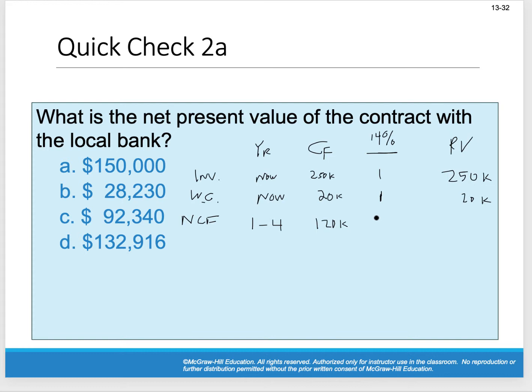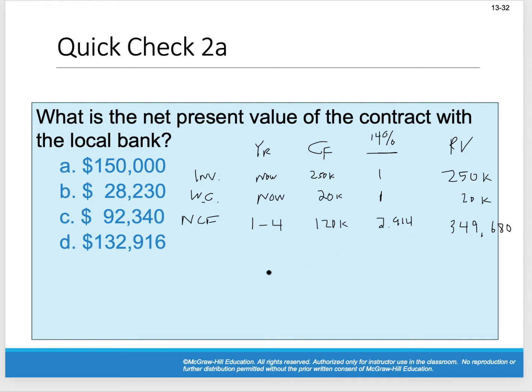I'm going to multiply my cash flow by the factor. So that's going to be 120,000 a year for 4 years times 2.914 ends up giving me 349,680.